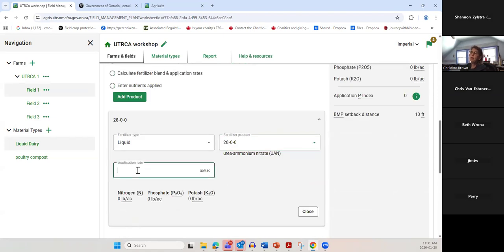And if I have a goal of, I don't know, somewhere around, this is where you do the trial and error, or if you've got a specific amount. But 30 gallons per acre would give me about 100 pounds.